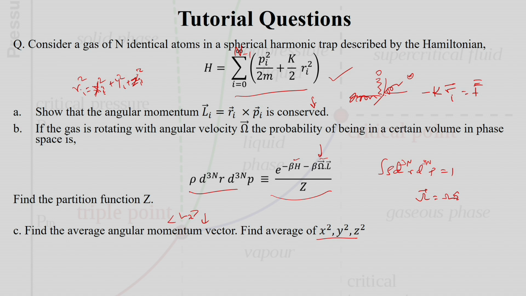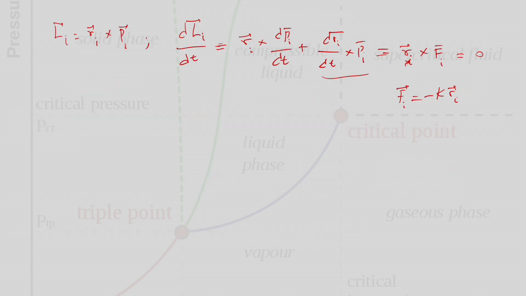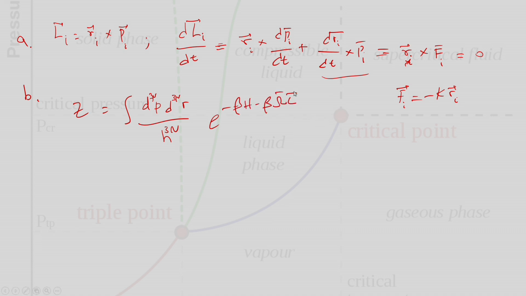Okay, so part B says: if this is your probability distribution in phase space, find the partition function. We are going to use the idea that the total probability is conserved, and we are called upon to evaluate this integral. So we have to calculate this basically.